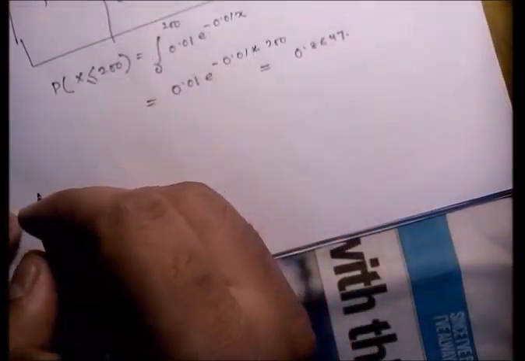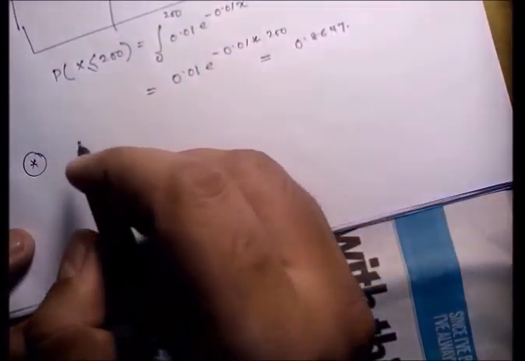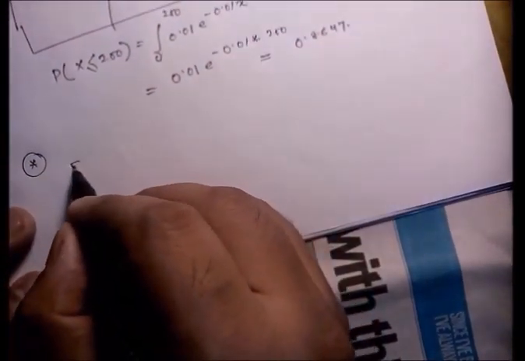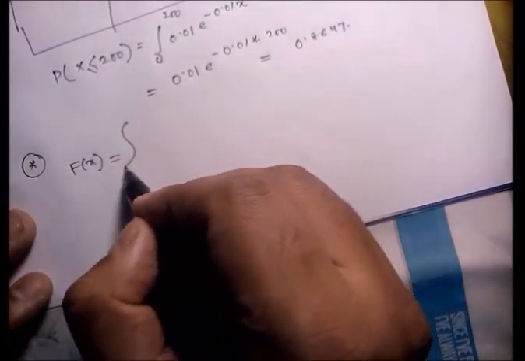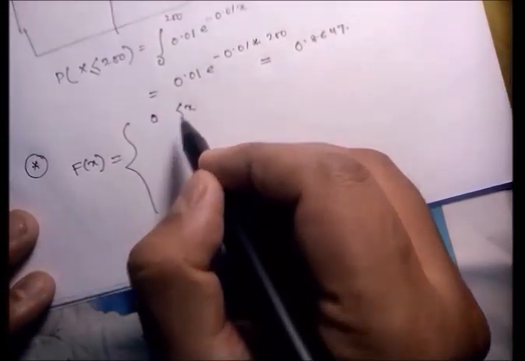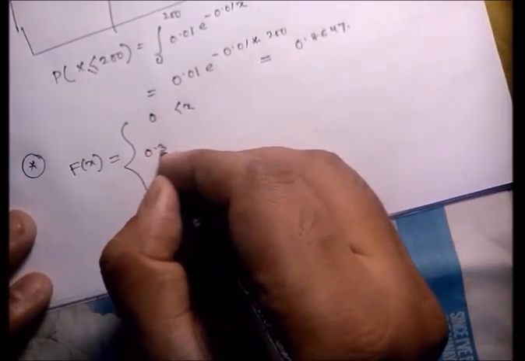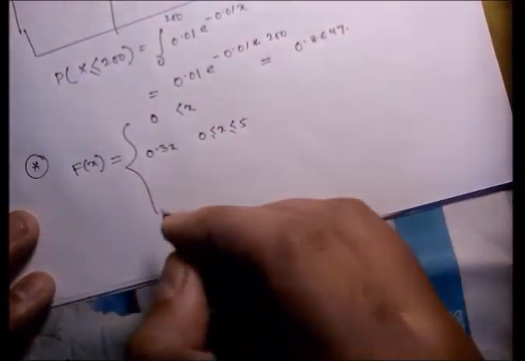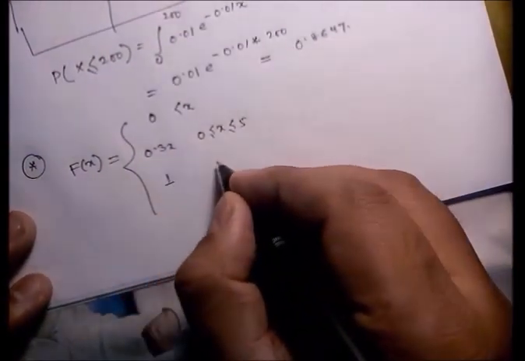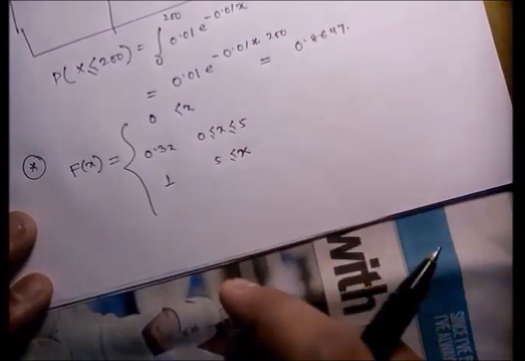Next, the cumulative distribution function is given. So F(x) is equal to 0 if x is less than 0, 0.3x if x is between 0 and 5, and 1 if x is more than 5.